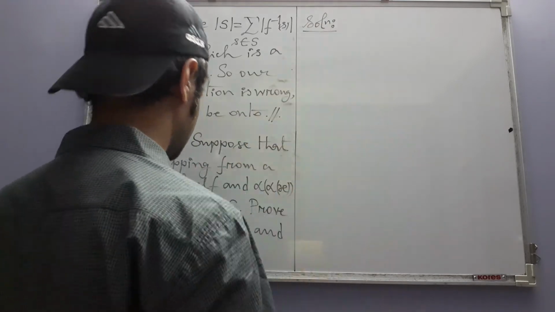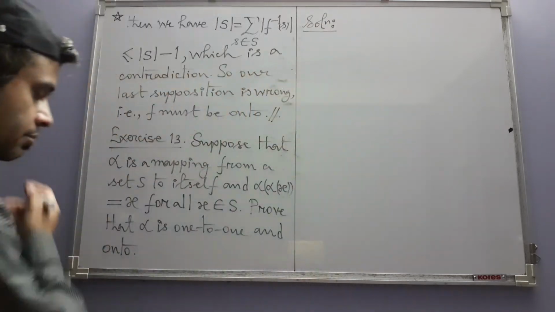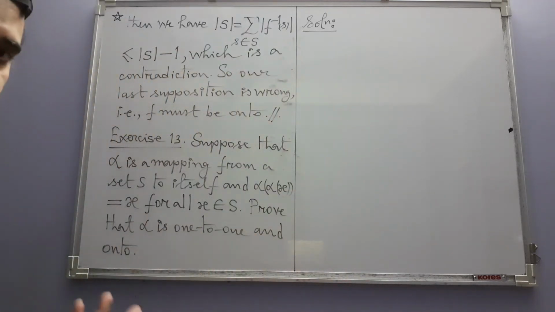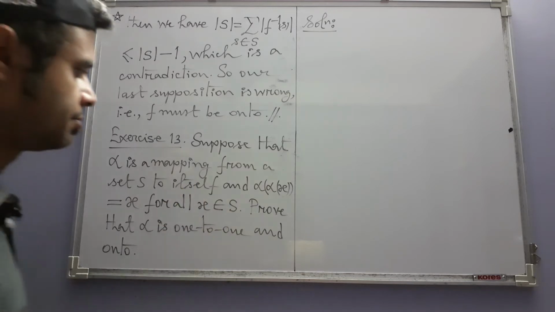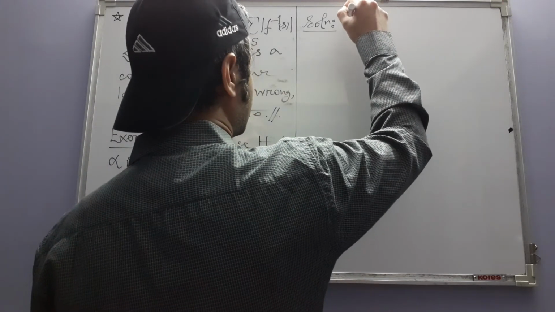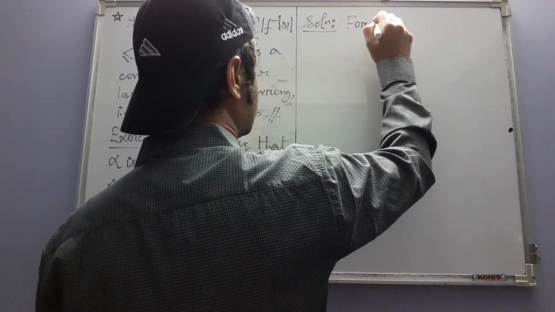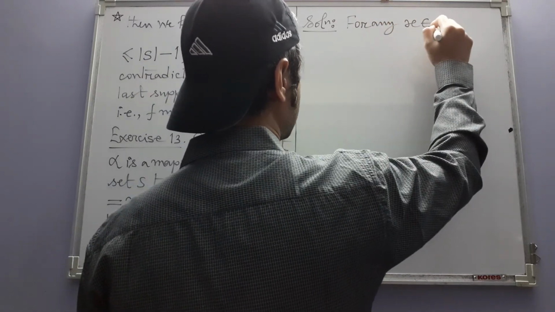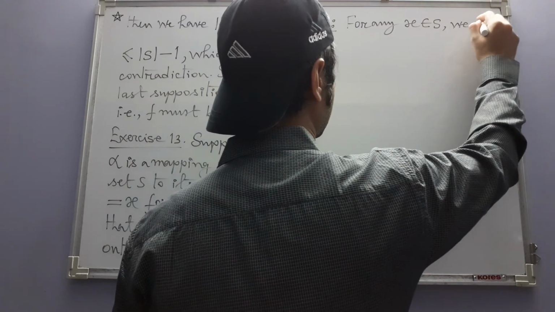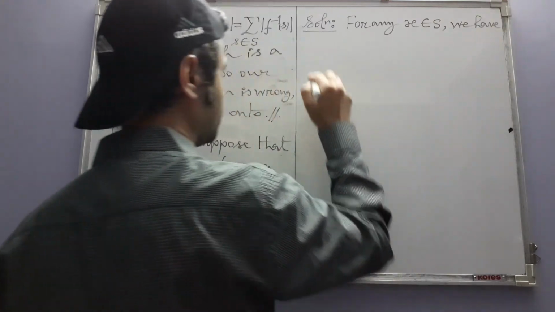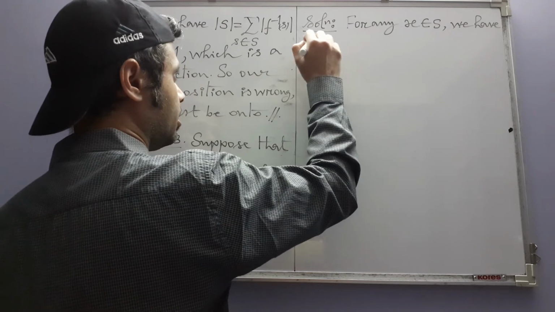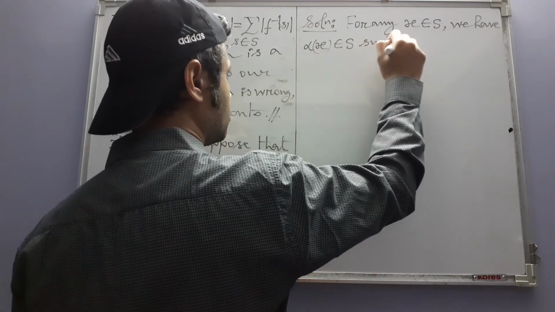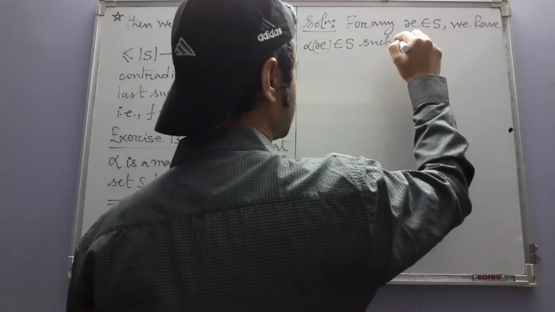This one is easy. Ontoness is almost evident from this equation. For any x belonging to S, we have an element alpha of x in S whose alpha image is x.